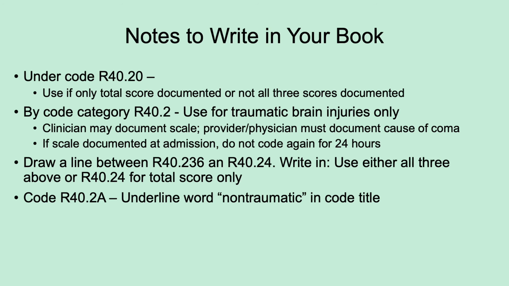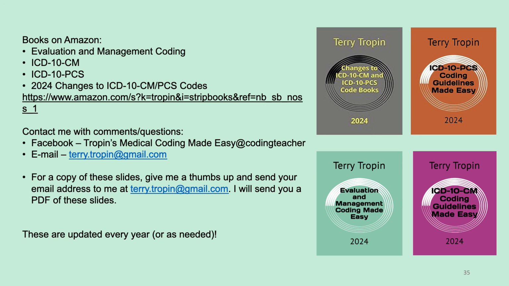Write in, use either all 3 above or R40.24 for total score. In R40.2A, underline the word non-traumatic in the code title. You want to make sure that you don't get confused about which are traumatic and which are non-traumatic, particularly if you're just starting out.